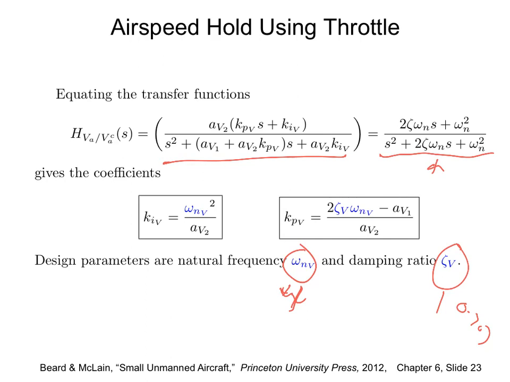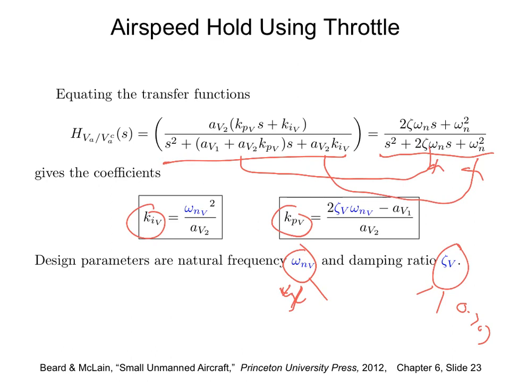Once you have these two, you're just comparing coefficients of this with this and this with this. So we can get KIV and KPV when we compare the coefficients. These are the two gains you will need.